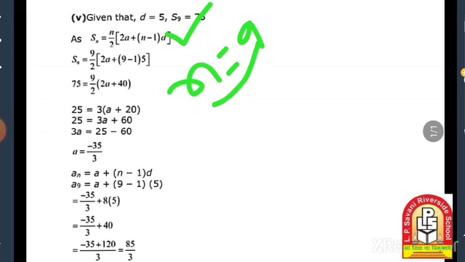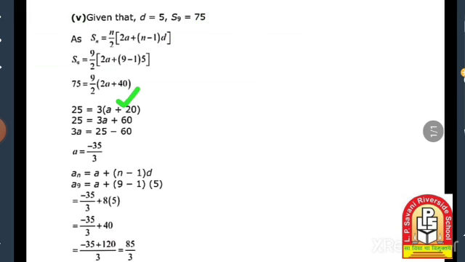So S9 is equal to 9 by 2 in the bracket 2a plus 9 minus 1, that is 8. 8 fives are 40 over here, so 9 upon 2 in the bracket 2a plus 40.